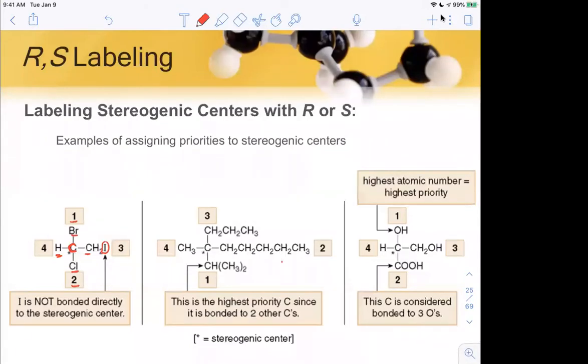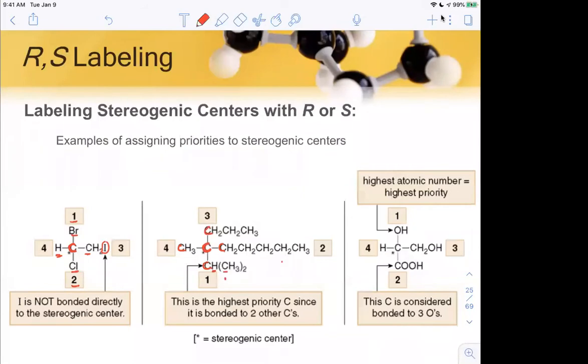Let's look at this compound. I have my stereogenic center. I have it attached to carbon, carbon, carbon, carbon. Those are all equivalent. So now I need to figure out what's next. Well, this guy has a hydrogen and 2 carbons.